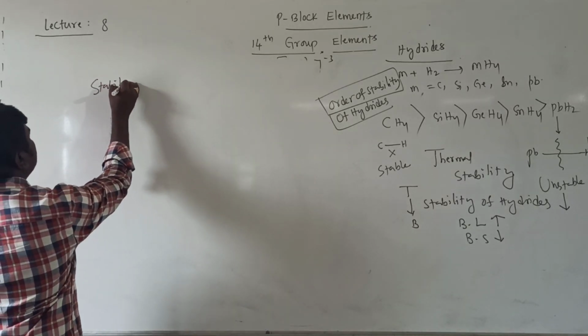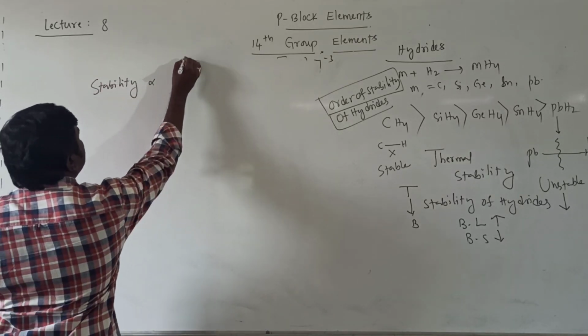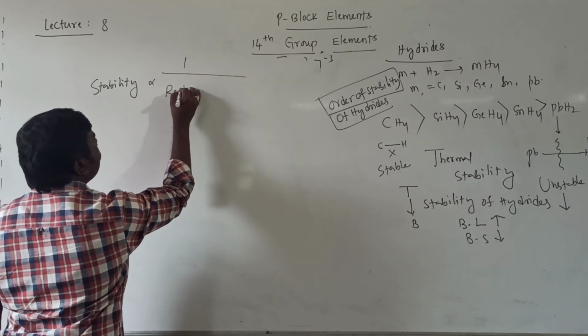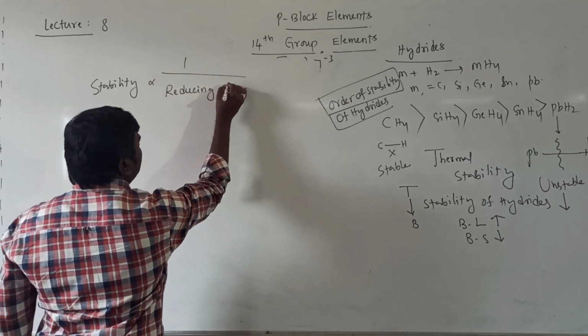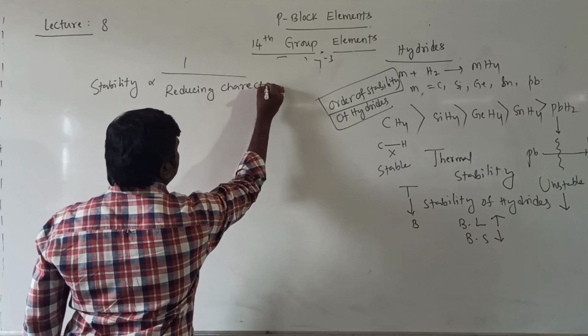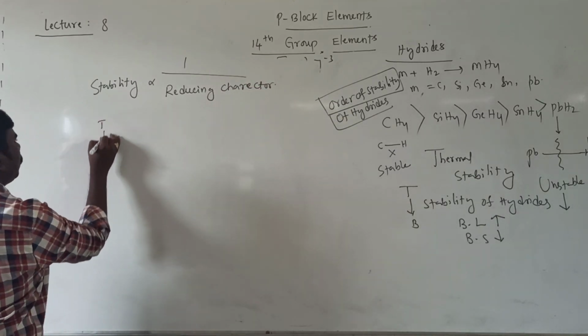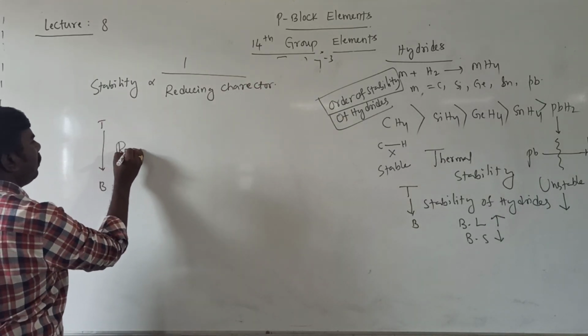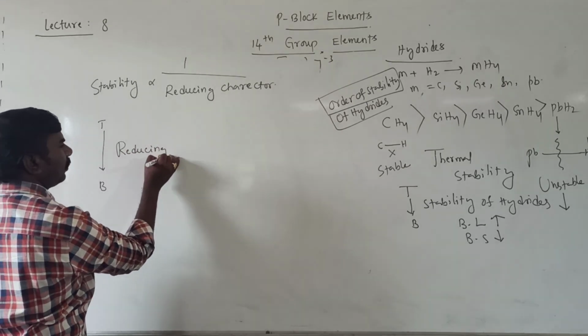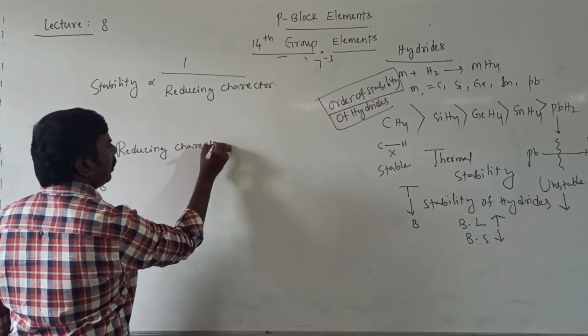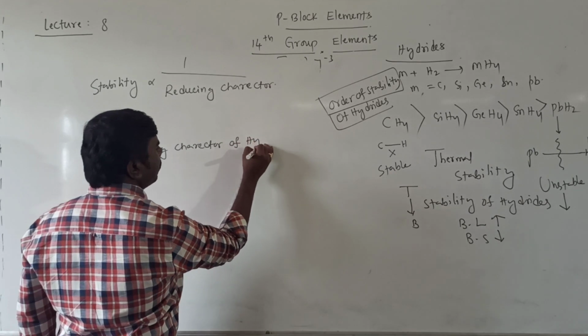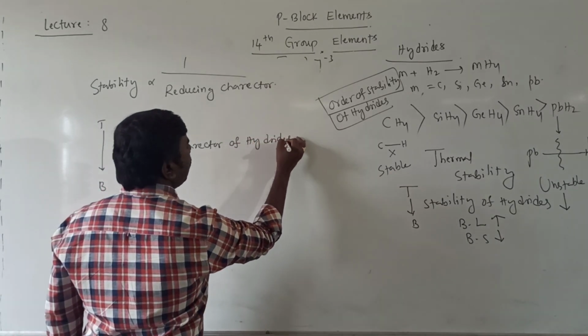Stability is inversely proportional to reducing character. It means top to bottom, reducing character of hydrides will be increased.